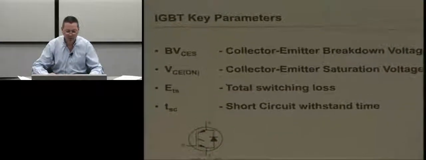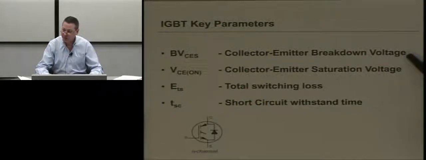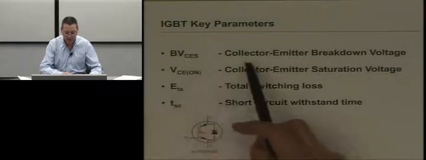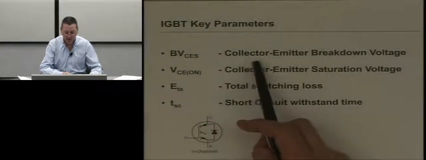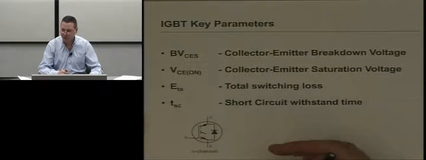So some of the key parameters we look at in an IGBT is the breakdown voltage. This is collector emitter, and typically bus voltages are commonly either 300 to 400 volts, which is the rectified line.